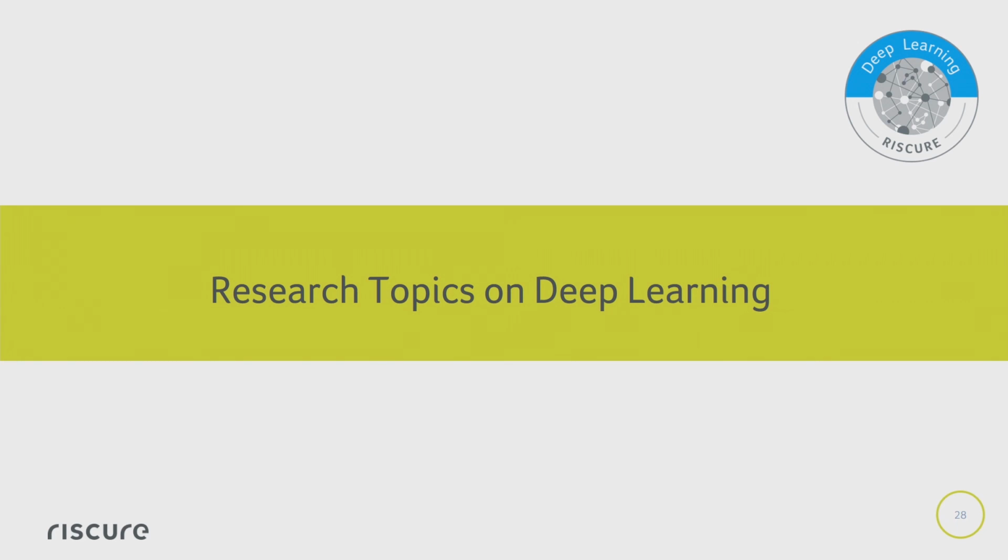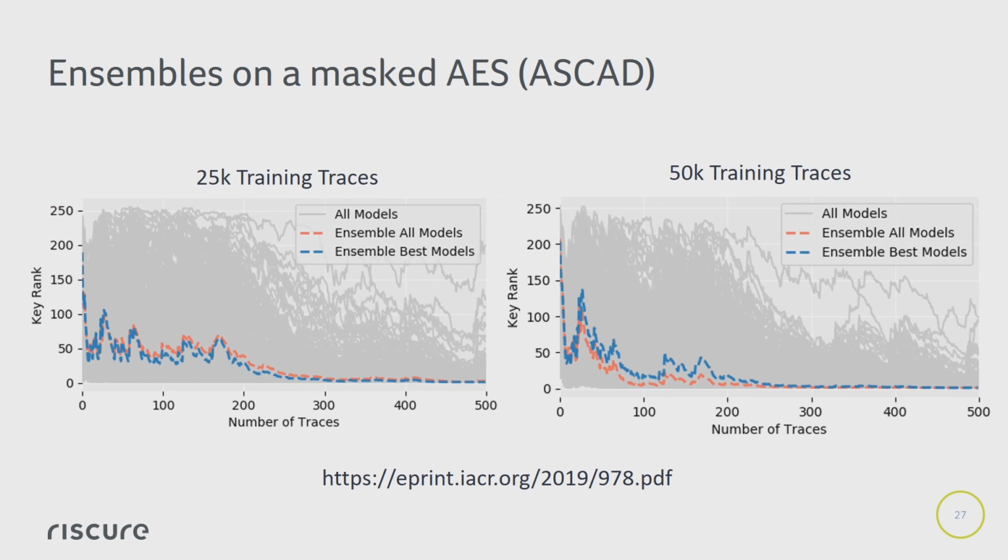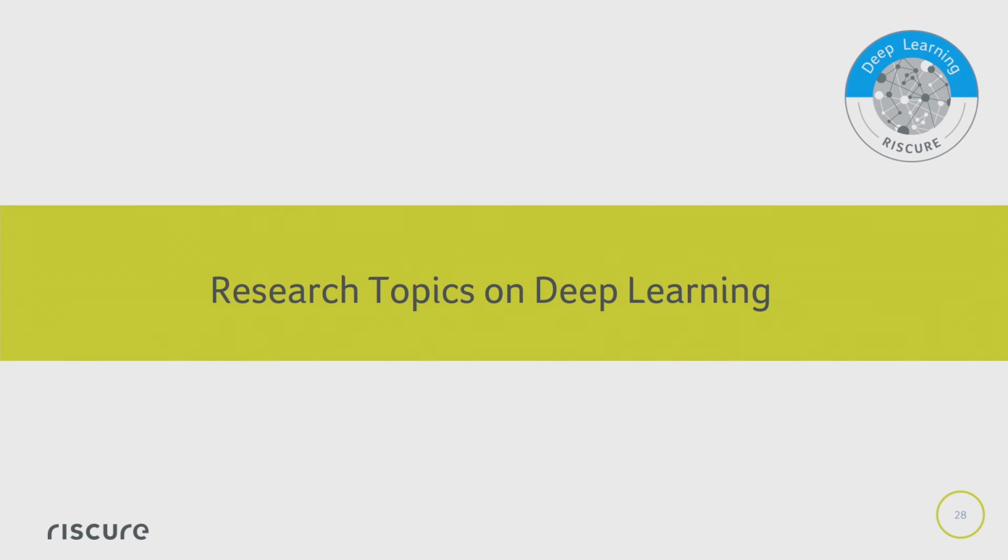Sorry, how do you combine the results of different neural networks, just averaging? Yeah, so you sum and average the probabilities of the output. It's very simple. Do you use overlapping test sets or are they separated?